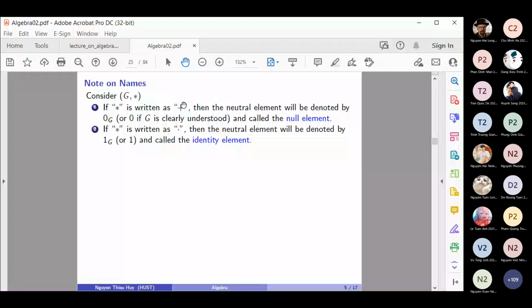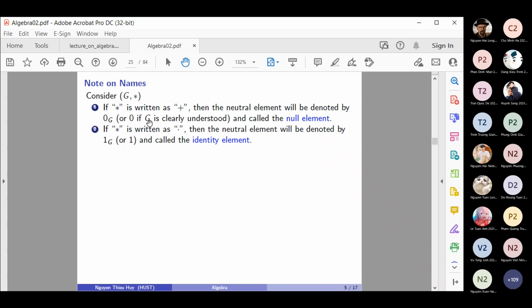But if star is written as addition, then the neutral element we will denote by 0 sub G. You have to write this 0 a little bit bigger, to indicate the neutral element related to the addition and to distinguish it from the number 0.